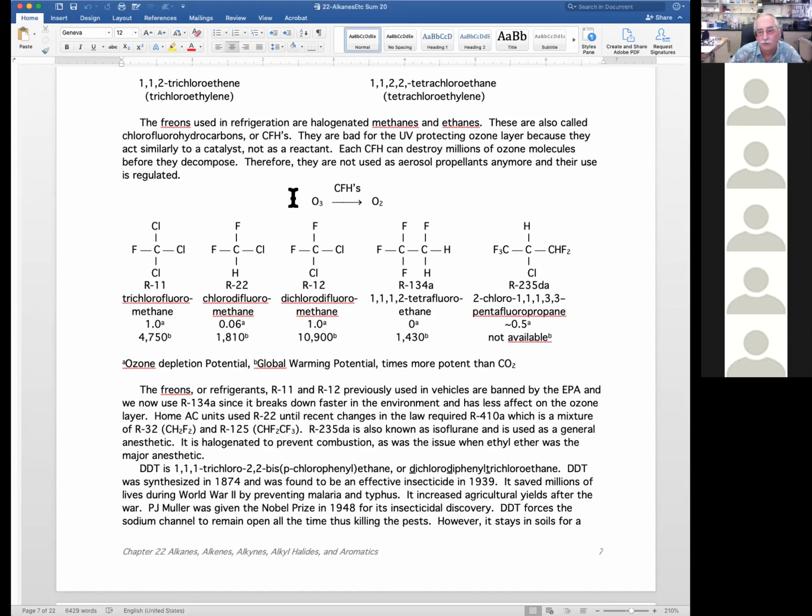So if we didn't have ozone, we'd all be getting much more ultraviolet radiation and we'd have more skin cancer and everything. And there are places in the world right now where there are holes in the ozone layer, and it is dangerous to be exposed to the sunlight there. But it's over the arrow, it's a catalyst. So that means one of these doesn't just take one ozone and break it down. One of these can actually break down thousands, maybe even millions of ozone molecules before they finally get destroyed.